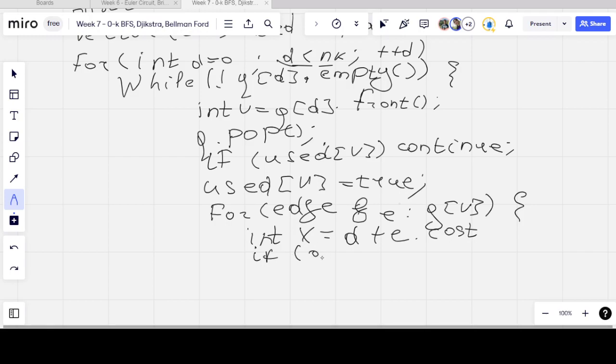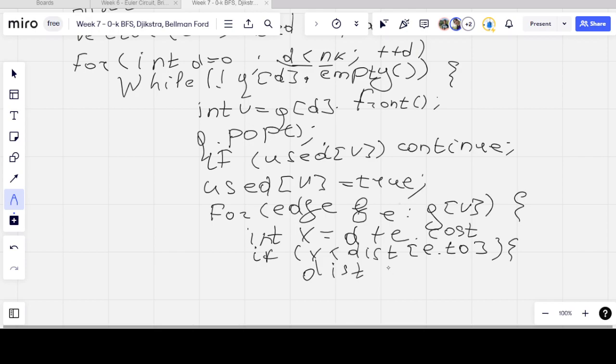If the new x is less than the previous answer, we try to calculate the new answer, try to update the answer.